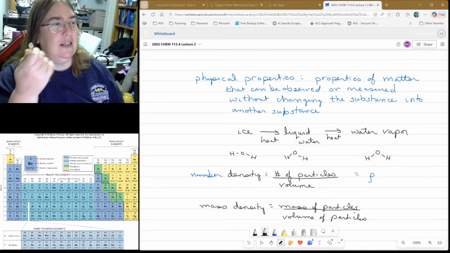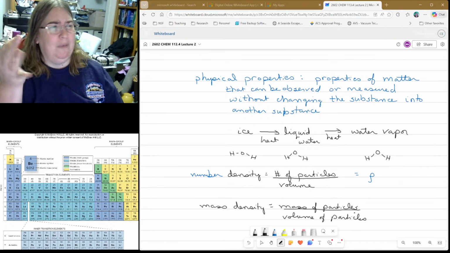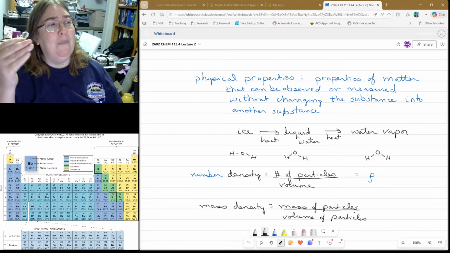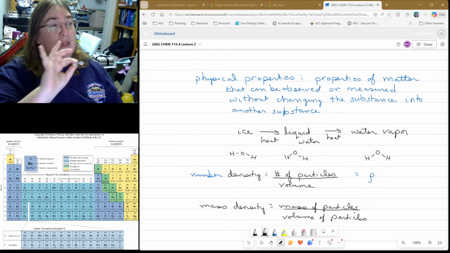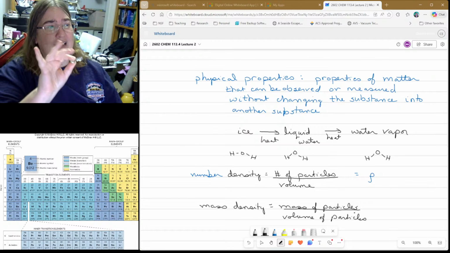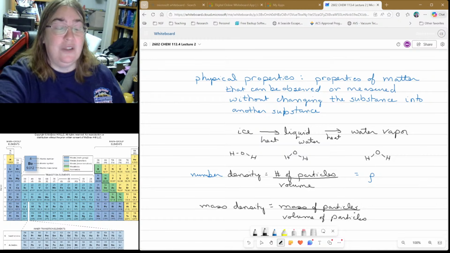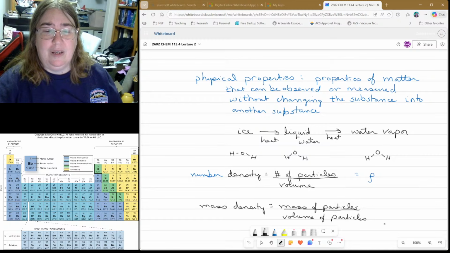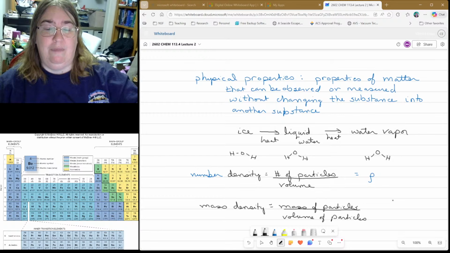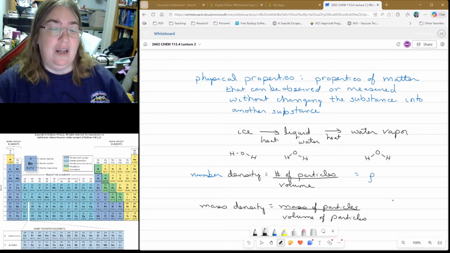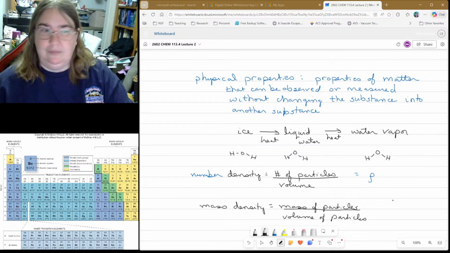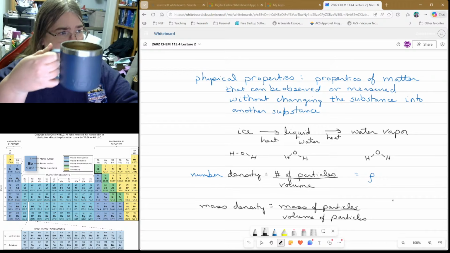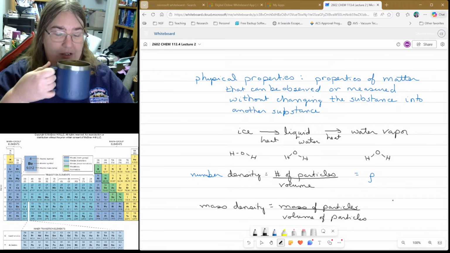Now, this piece of glass is made of silicon oxide and probably some other stuff. And I could talk about how much silicon oxide is in this volume of glass. That would be the concentration of silicon oxide in this glass. So they're very different things, density and concentration.